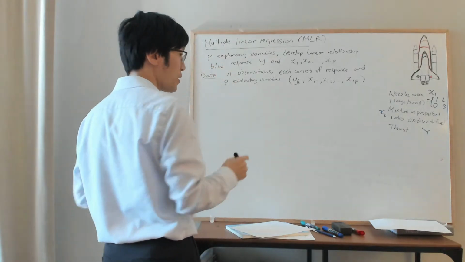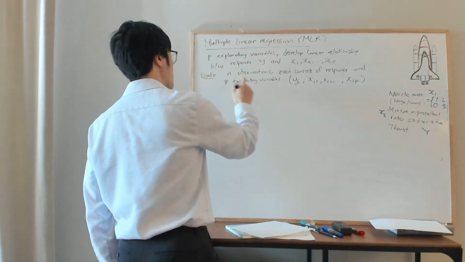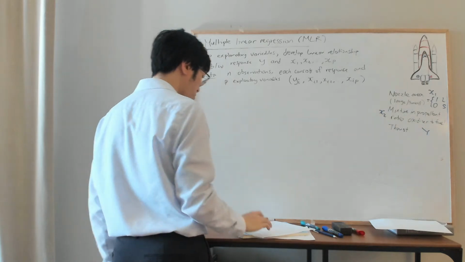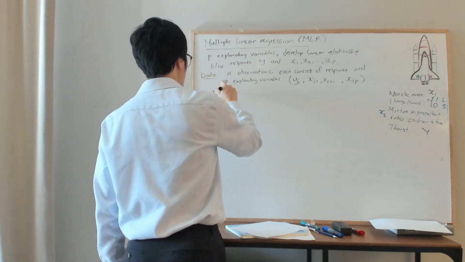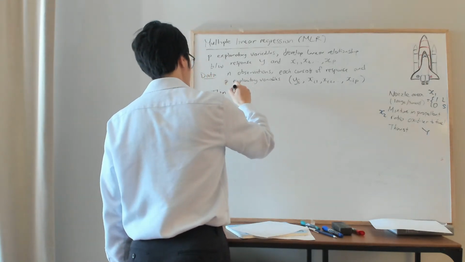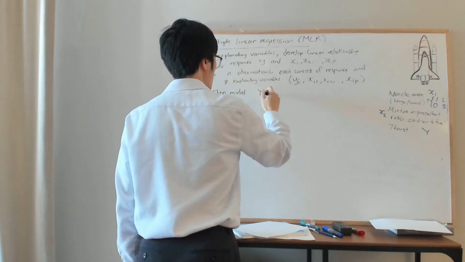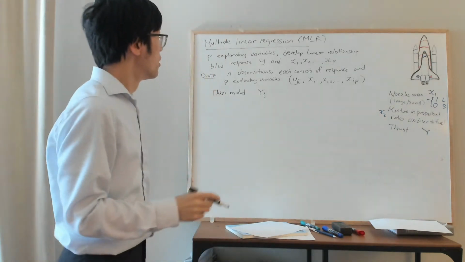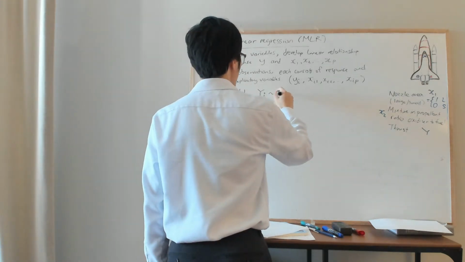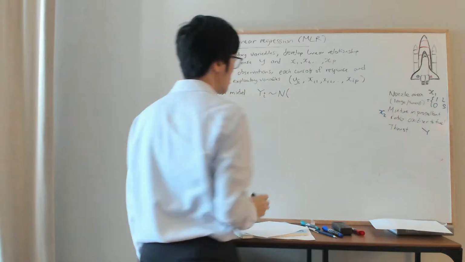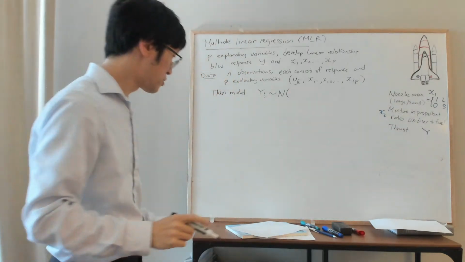Then our natural model generalization. So then we conceptualize the model for the ith response. Our model would state that as a random variable, yi would have the natural generalization to simple linear regression.